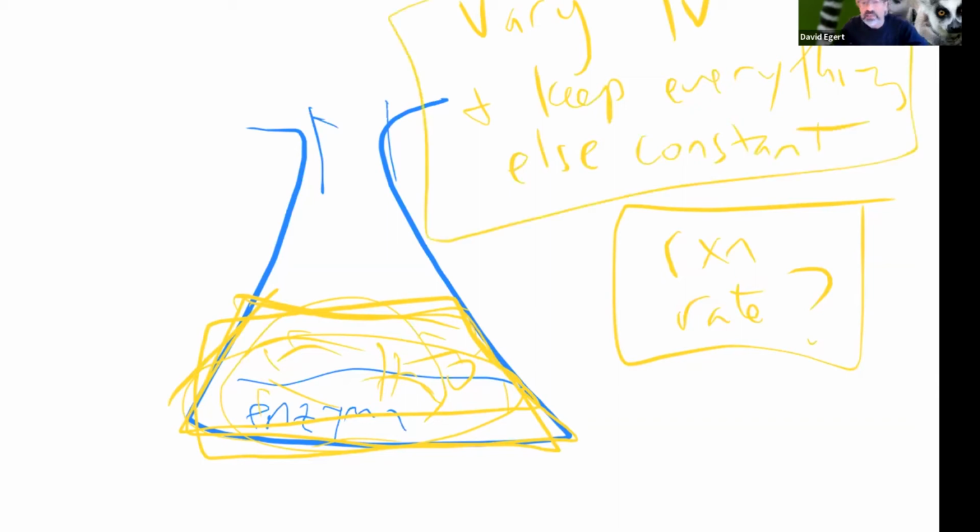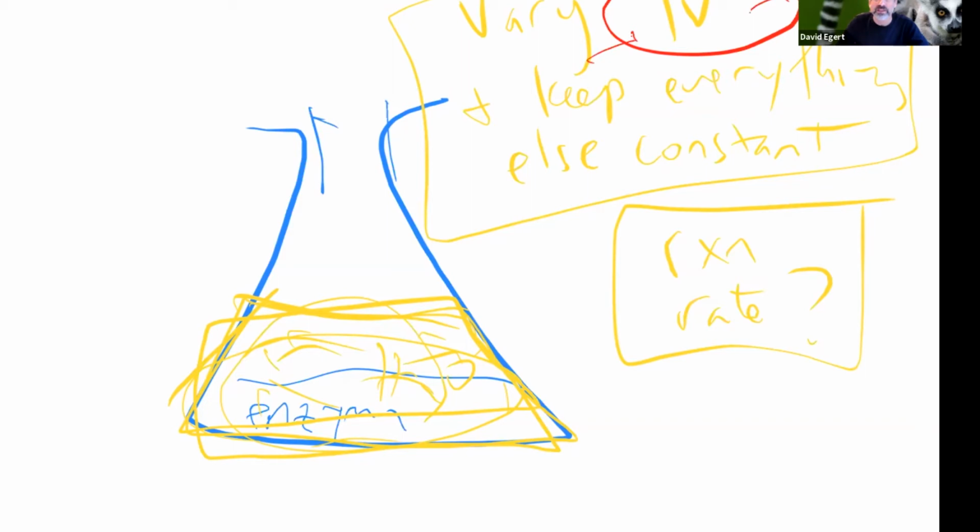We're keeping the pH constant, we're keeping the volume constant. So the hope is, if the only thing you're changing is the independent variable, then if you see a change in the dependent variable, you can say responsibly, oh, that's due to my change in my independent variable. Whereas if you have other moving parts, then maybe it was my independent variable, but maybe it was that other stuff that I didn't control so well.